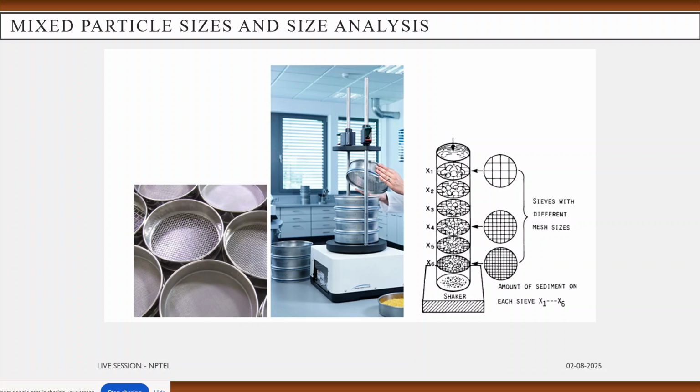These are the commercial screens that we use in the laboratory as well as in industry. But keep in mind that in industry it doesn't look like this; this is the simplest version. The screens used in industry can be grizzlies or trommels, which I will discuss at the end of this class.